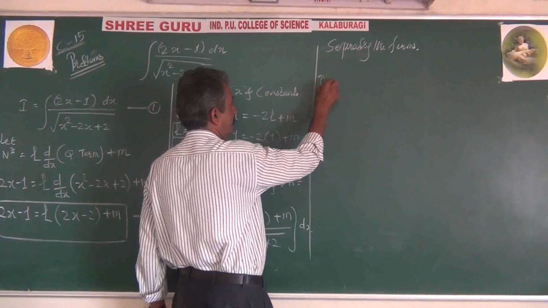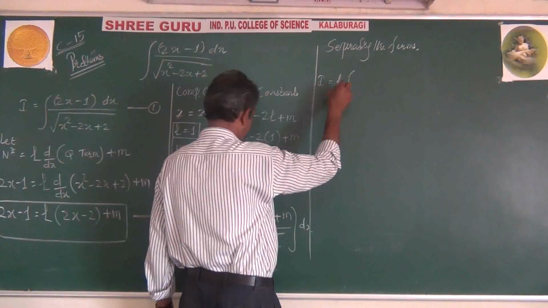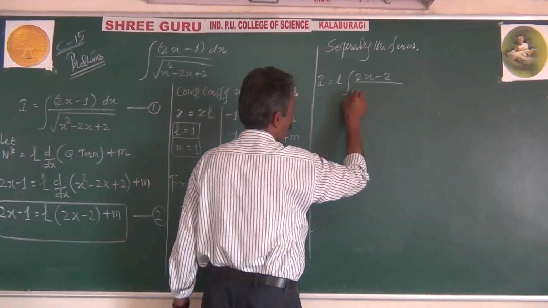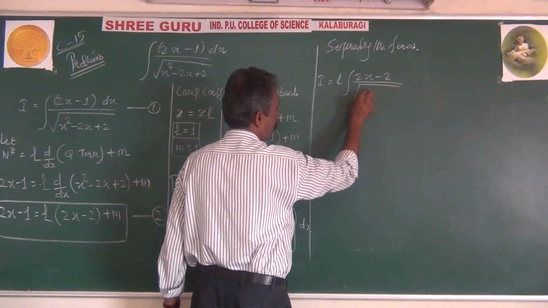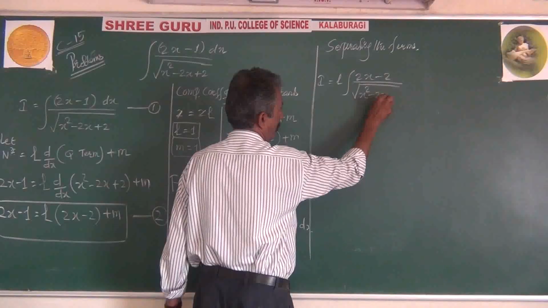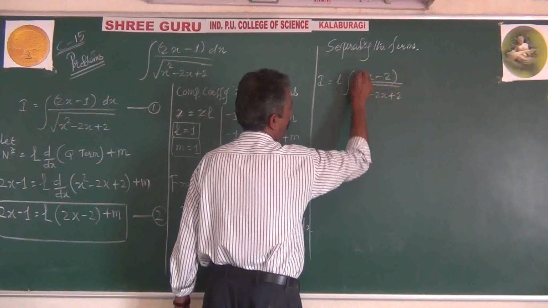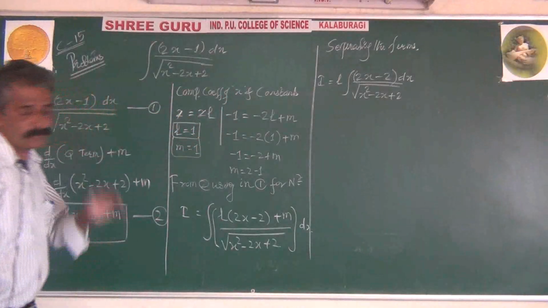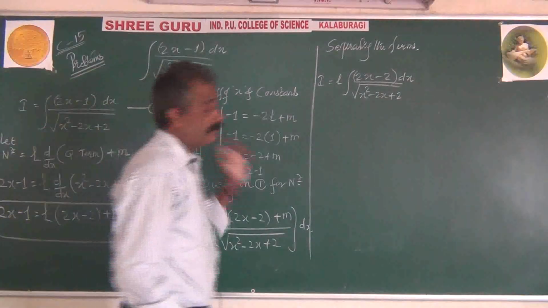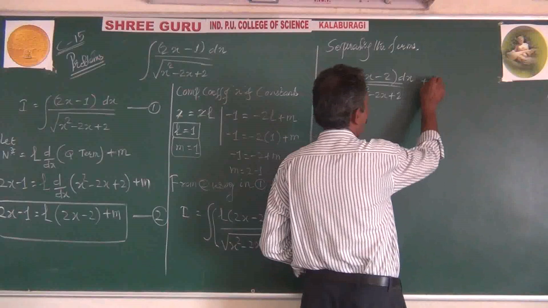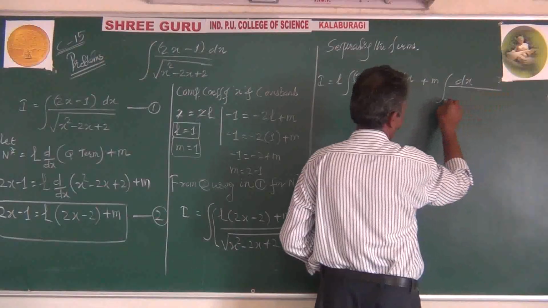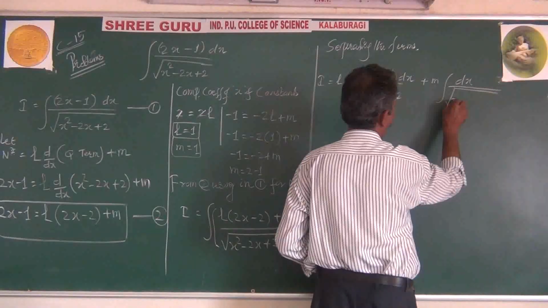So what we get is L into integration 2x minus 2 by square root of x square minus 2x plus 2, plus M into integration dx by square root of x square minus 2x plus 2.